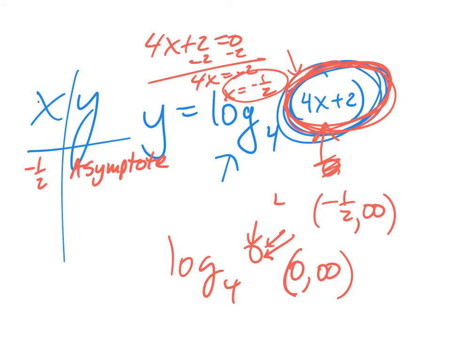If it says log base 4, what would be really nice if it was there inside the parentheses? If I just had log base 4 of x, I'm asking you what number would be nice to have in here, not a variable, a number.